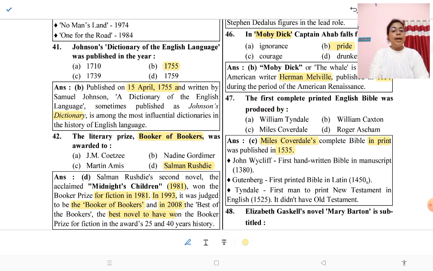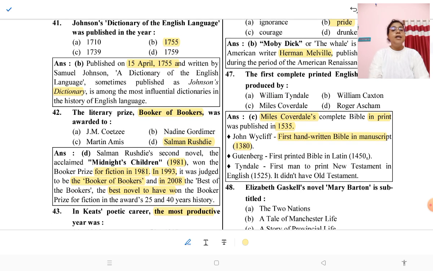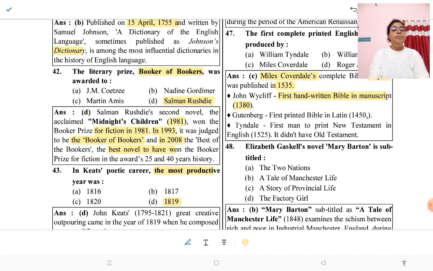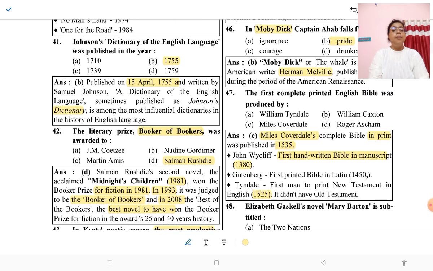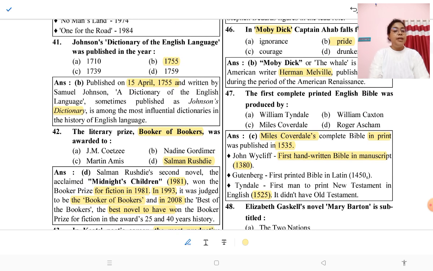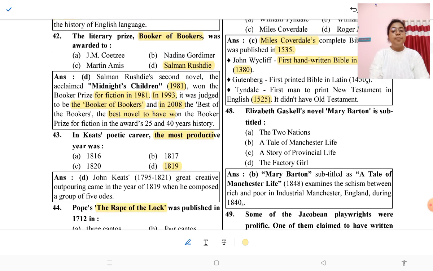Then William Wycliffe's first handwritten Bible in manuscript was in 1380, Gutenberg's first printed Bible in the 1450s, and Tyndale's, the first man to print the New Testament in English, was 1525. So it did not have the Old Testament. So the first complete printed English Bible was by Miles Coverdale. So you should know the publication dates of the Bible, because most of the time they ask this question.